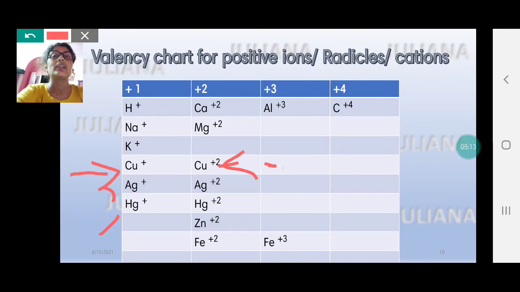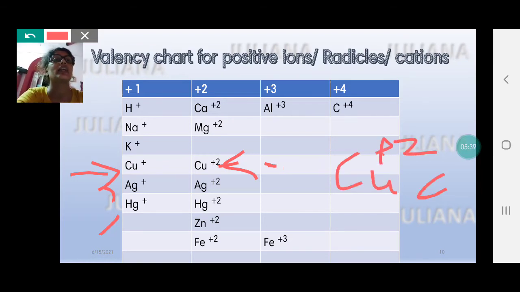Now, according to the rule, the lower valency uses the suffix ous, so cuprous, and the higher valency uses the suffix ic, cupric. So when you say cuprous chloride, that means it will be CuCl. Cu is +1, Cl is -1. But if you say cupric chloride, then it becomes CuCl2, because the valency of Cu is +2 and chlorine is -1.